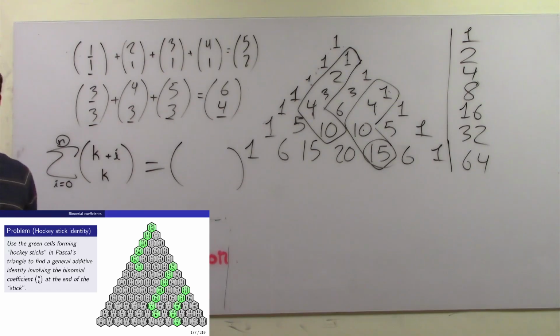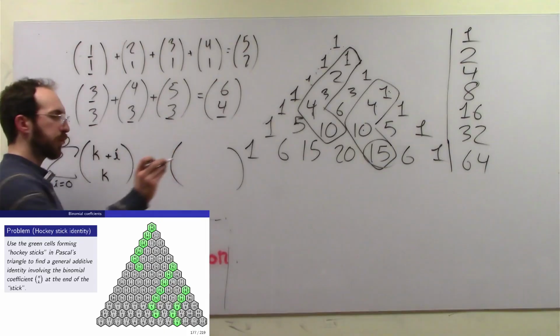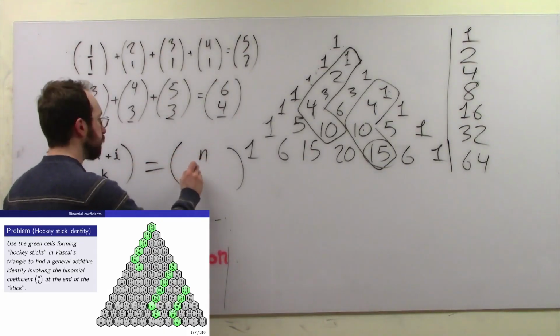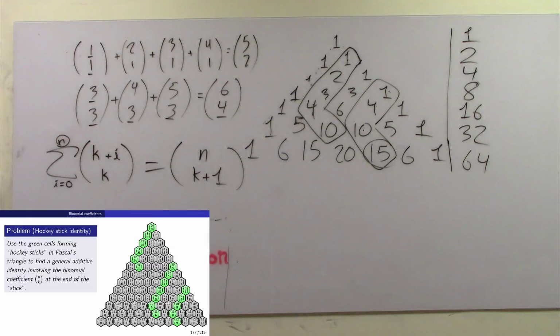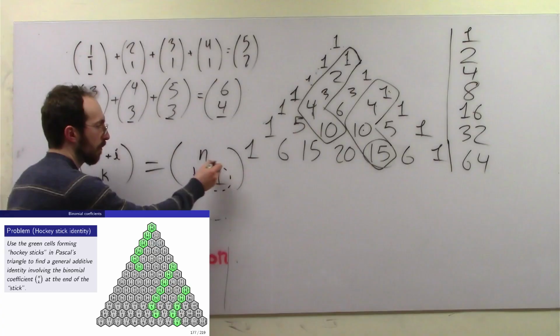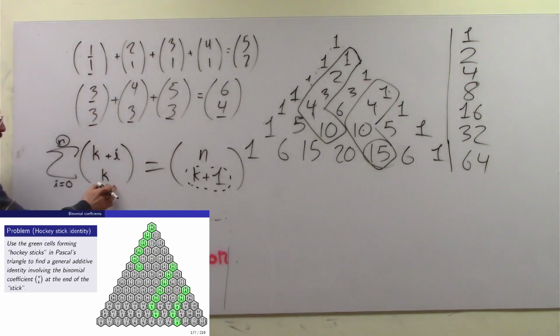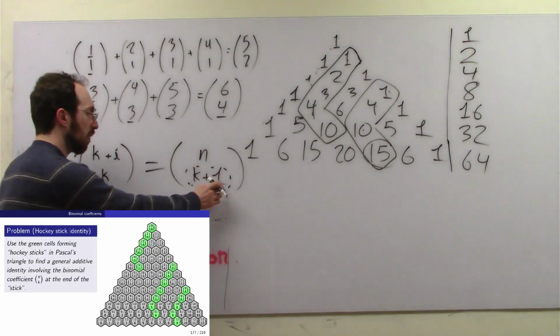No. Anybody else see? N choose k plus 1. Let's see. It's close. So I like the k plus 1. That's spot on. We had all of these with this fixed k, and then we got a new one.